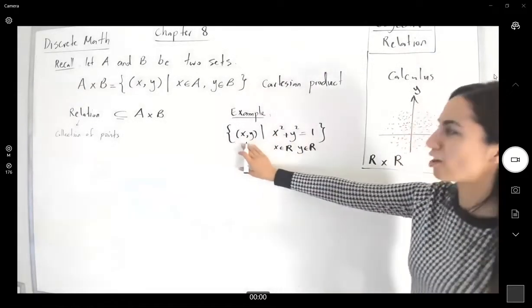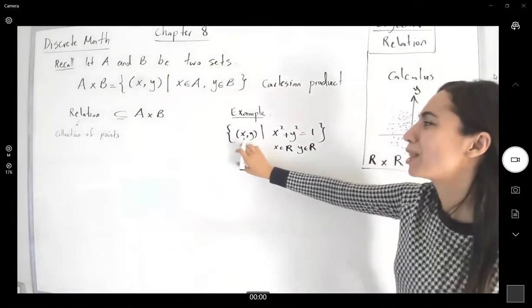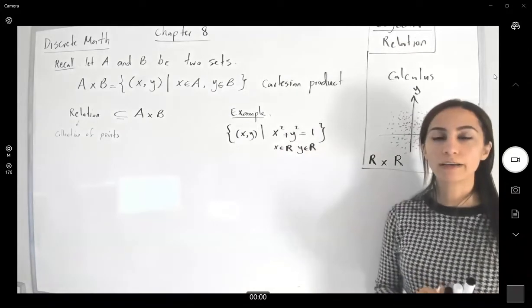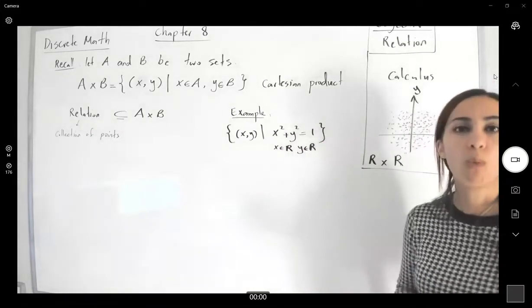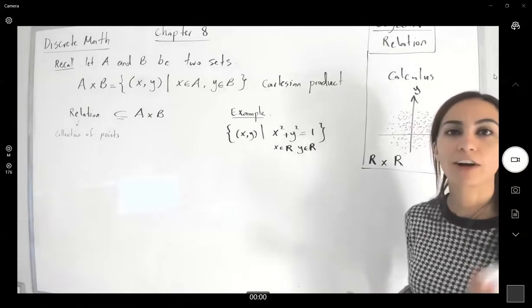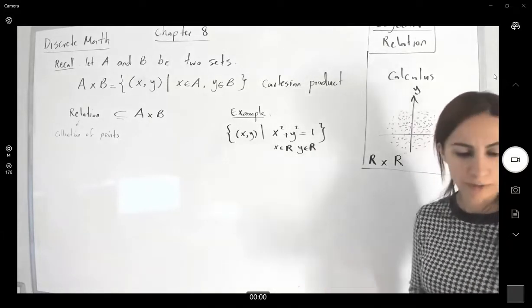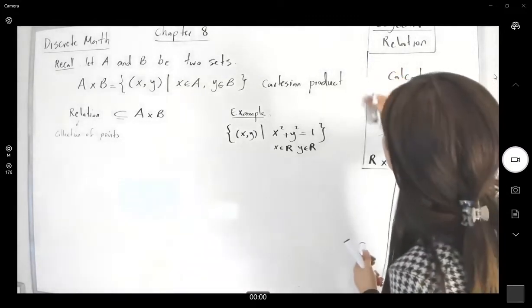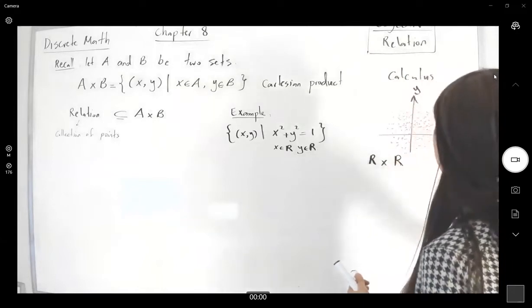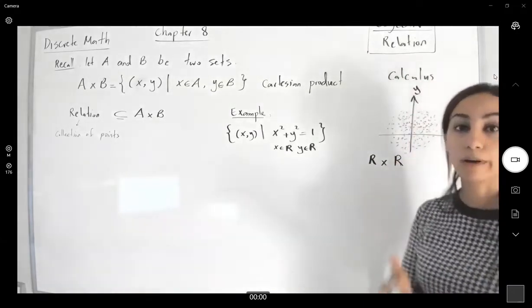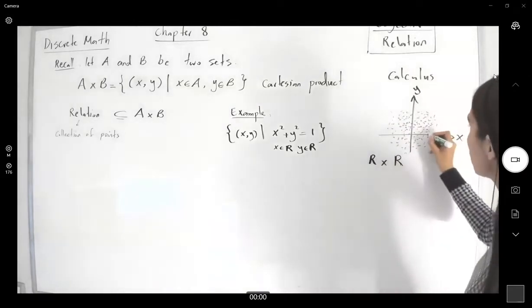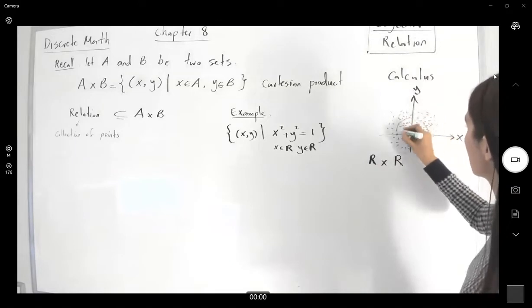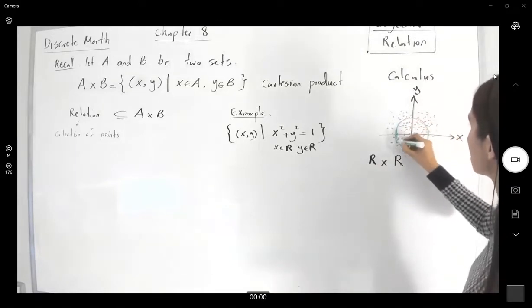So, for example, the collection of all ordered pairs (x, y) such that if I square x and I square y, their sum is equal to 1. I ask you, hey, identify this relation or graph it. You might say, well, this is not very hard to visualize. Why is that? Because I already know that x and y, both of them are in R. So I just need to find all points on this unit circle.